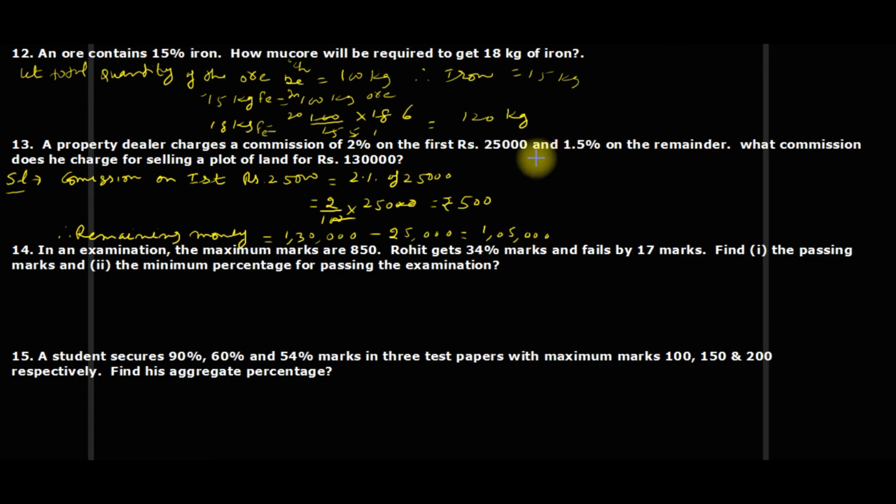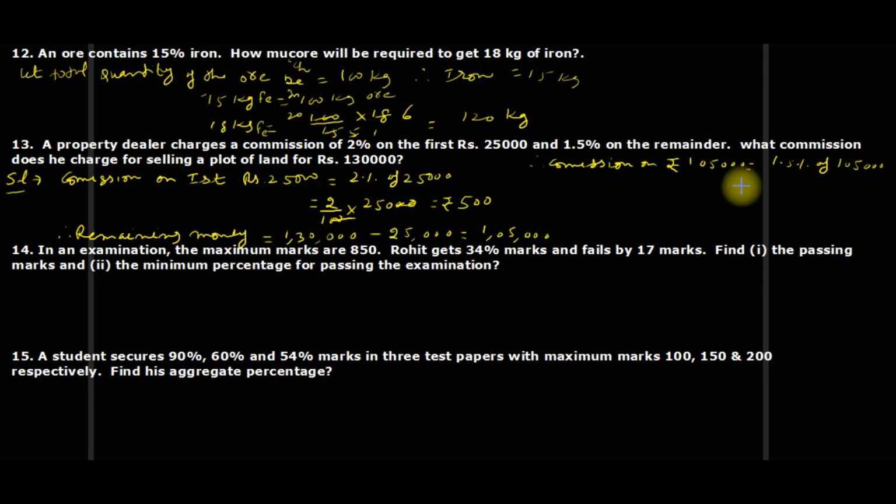Therefore commission on rupees 1,05,000 equals 1.5% of 1,05,000.